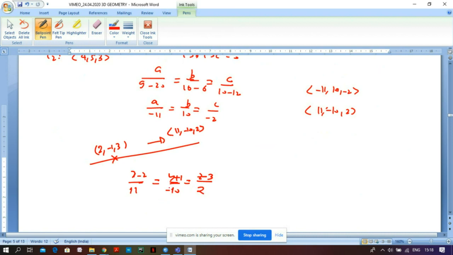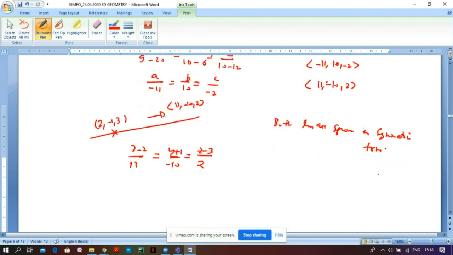This is the equation of the line that passes through (2, -1, 3) and is perpendicular to the two lines, which were both given in symmetric form.